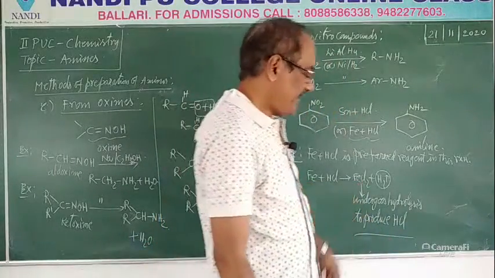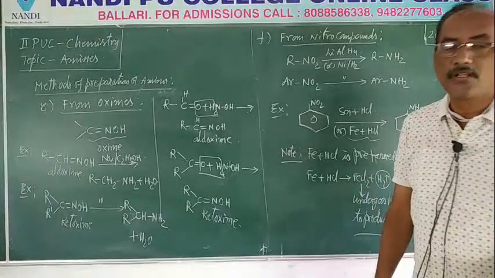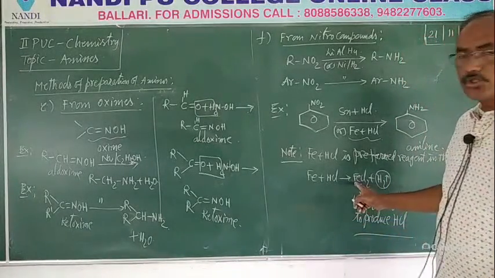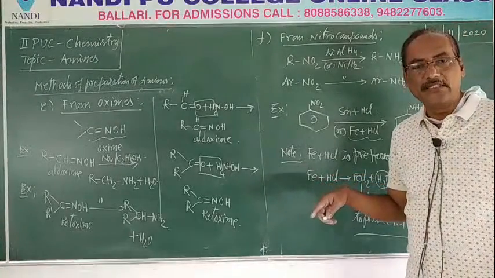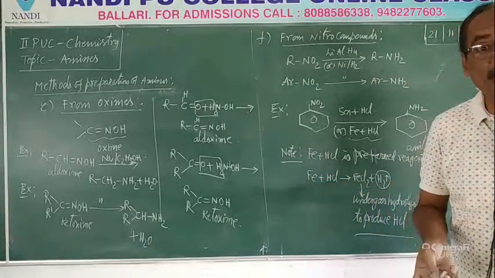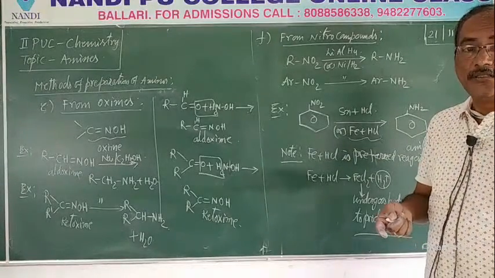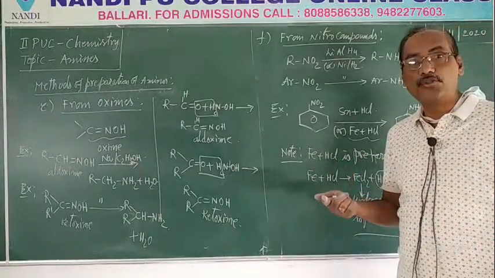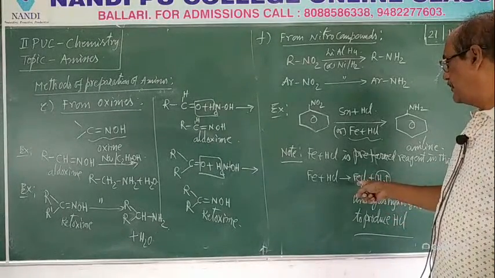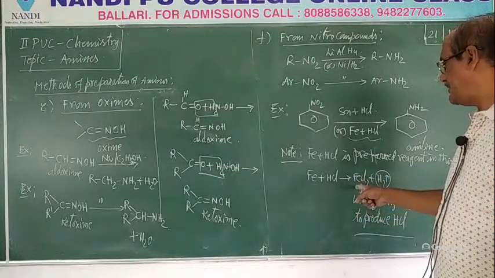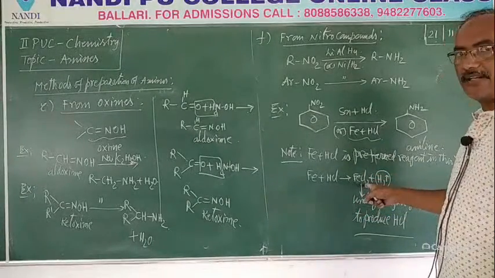You know that FeCl2 is a salt of strong acid and weak base. So when it undergoes hydrolysis, what will happen? Cationic hydrolysis takes place. That is, Fe2+ undergoes hydrolysis, so you get hydroxide from the iron ions and HCl from the chloride ions.